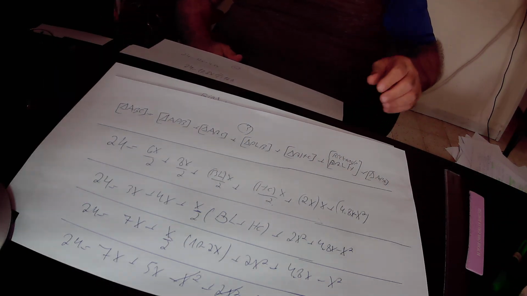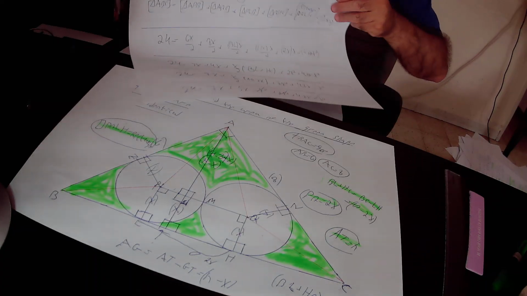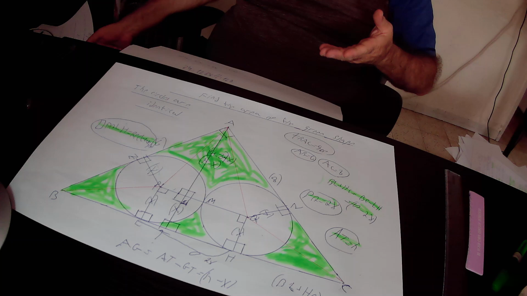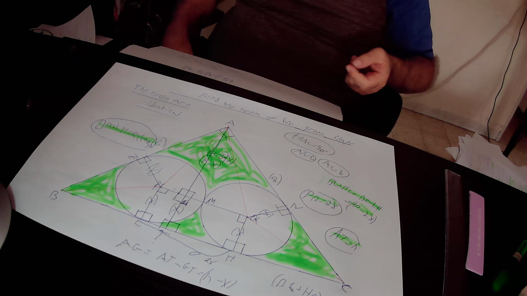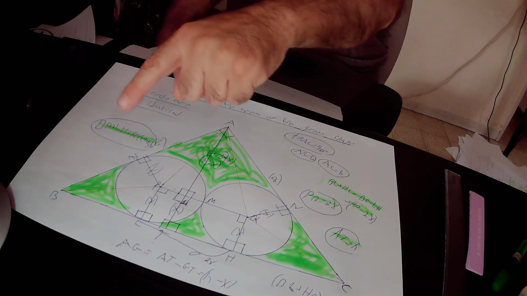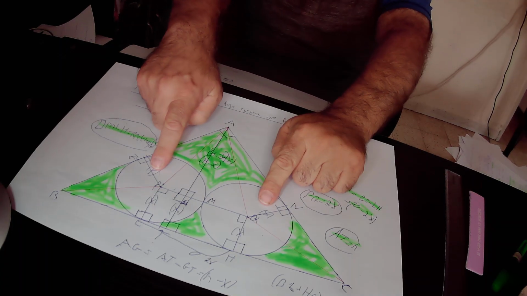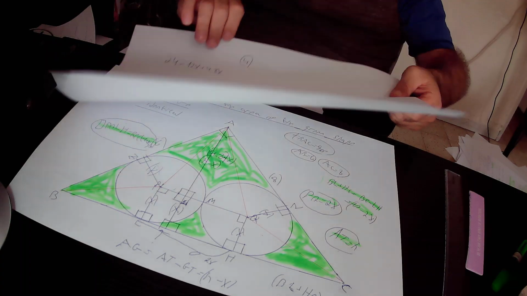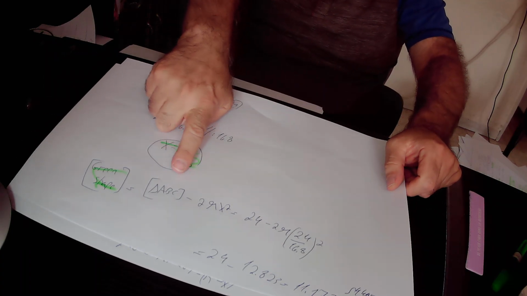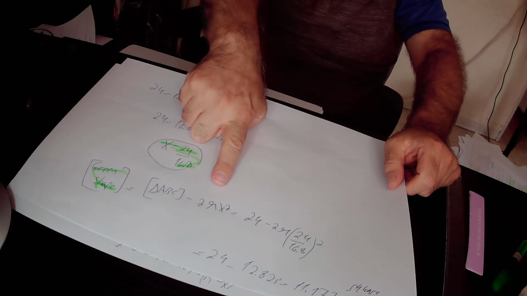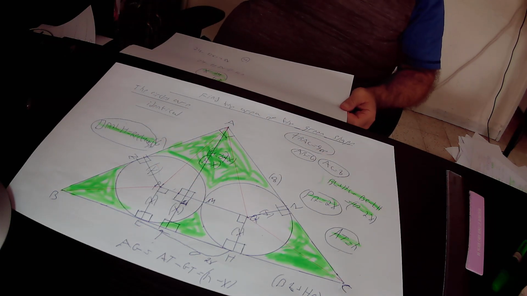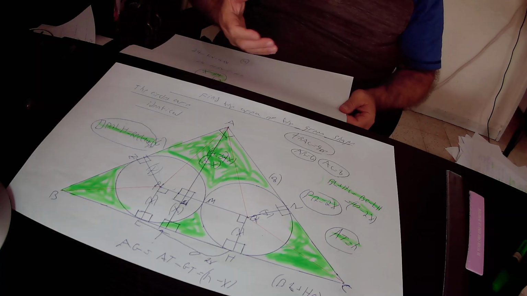Now it is very easy to find the area of this green shape. The area of this green shape must be equal to the area of the big right triangle ABC minus the area of those two circles. Because those two circles are identical, they have the same areas.